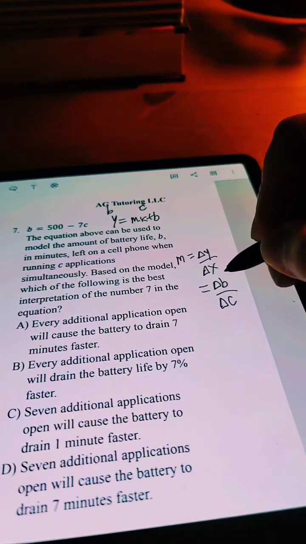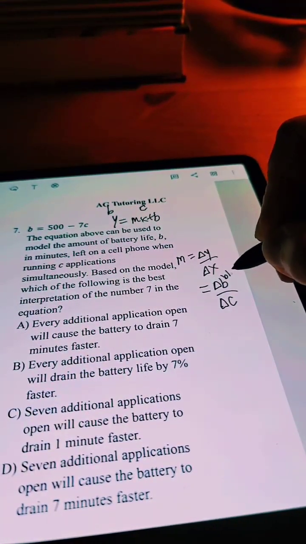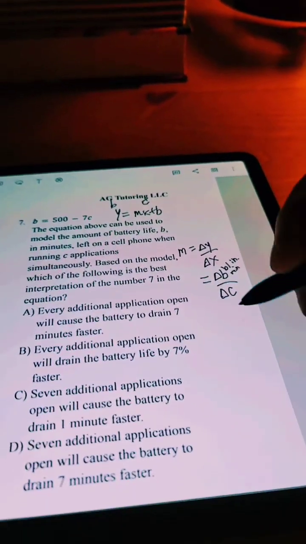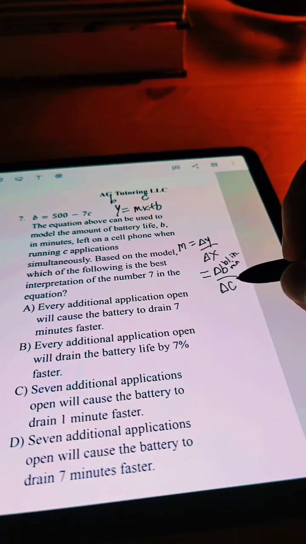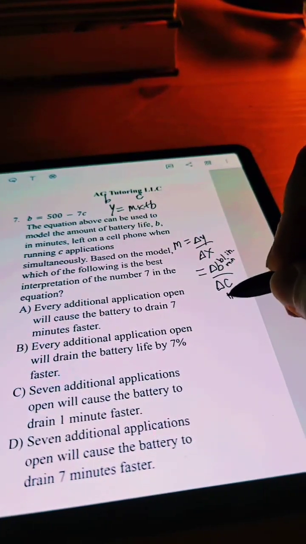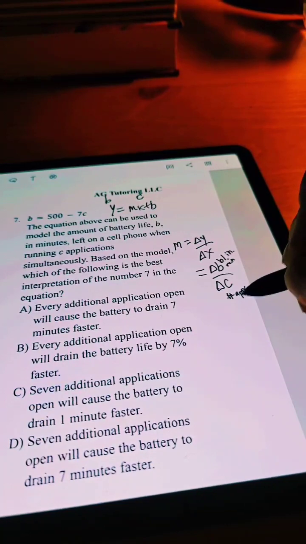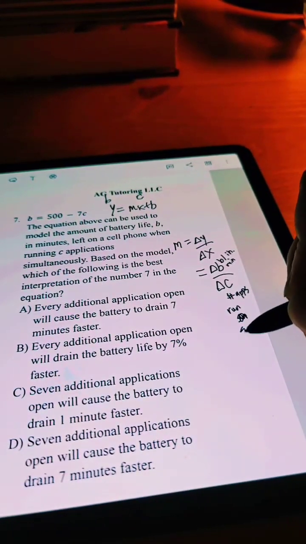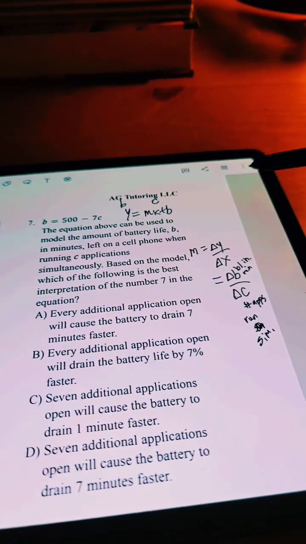So battery, I'll put like BL for battery life in minutes is the units for that. And then for C, it's going to be like the number of applications running simultaneously. So number apps running simultaneously, I'm going to just put sim for simultaneously.